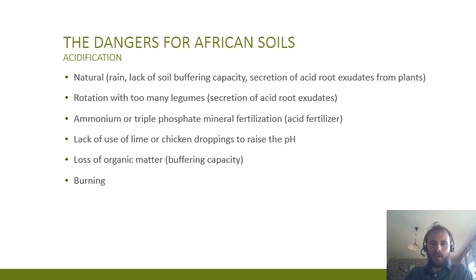The next danger is acidification. First of all, we have to say that in the tropics, acidic soils are normal, they are natural. They are so because they are really old and they found themselves in a hot and humid climate, so they lost their buffering capacity.